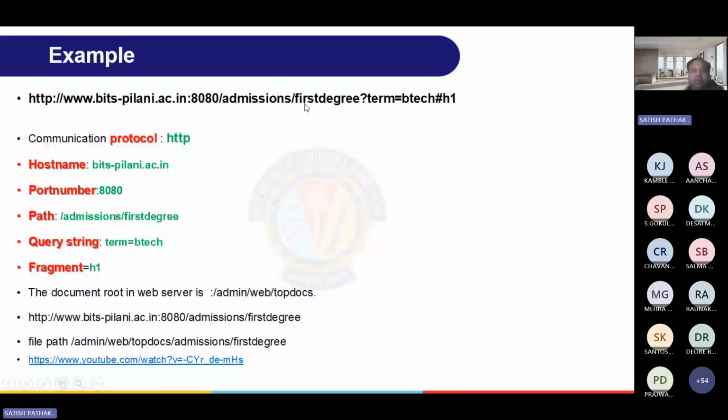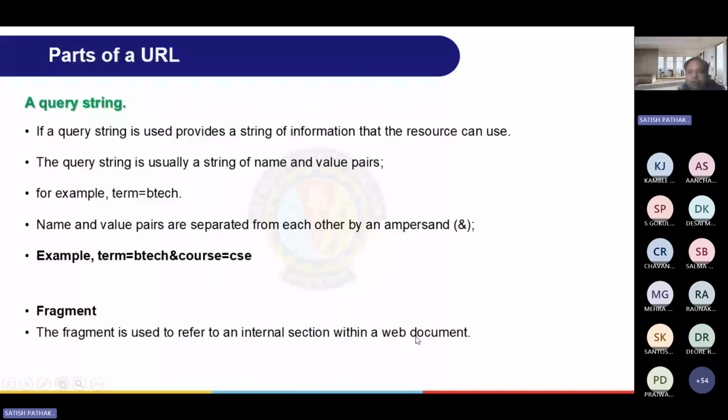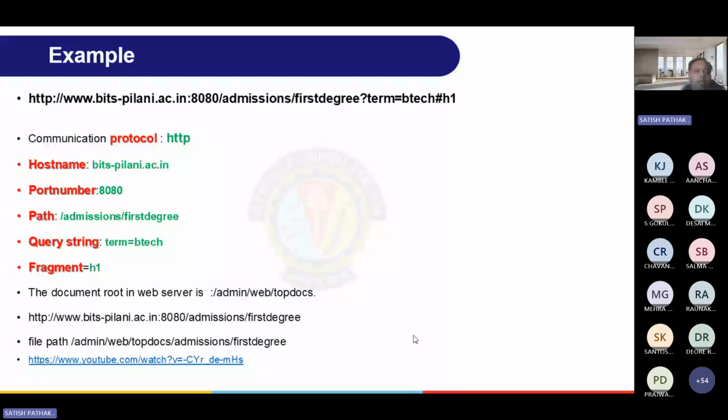And after the question mark, the query string starts. So the question mark is followed by the entire query string: term equal to btech. And the hash fragment is basically a section inside it, used to refer to an internal section within a web document. We'll see when we do HTML or CSS what a fragment is. The document root is the web server's admin web top docs, whatever it is.